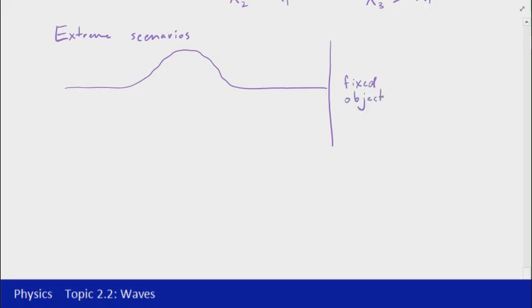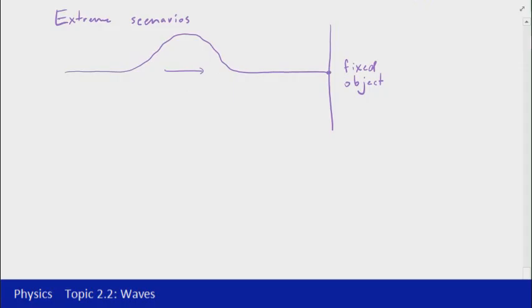So imagine that that's a wall or a pole where the rope is attached to it at this point here. If we've got the rope connected to a fixed object, as we saw before, the pulse that we're going to get reflected will come back inverted.